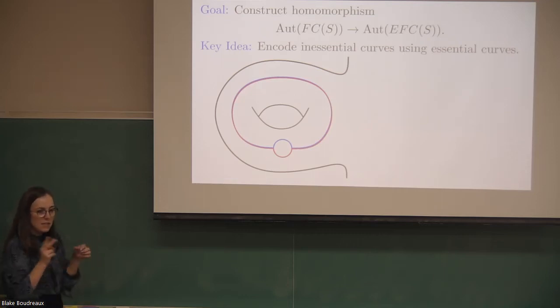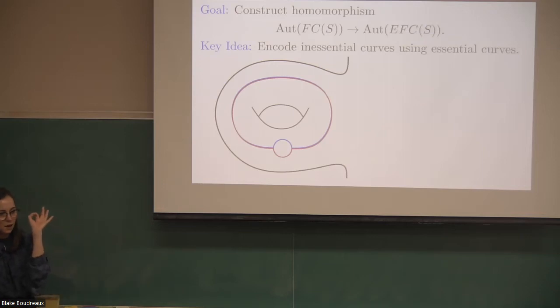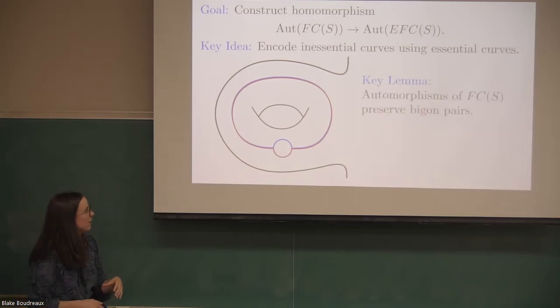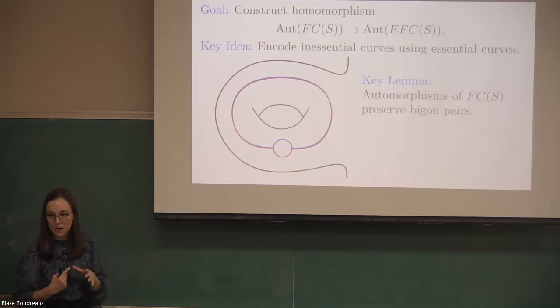But notice, if I take out my scissors and I cut along both of those curves, a piece of the surface is still connected, and then I get a disk. But the boundary of that disk ends up encoding an inessential curve on the surface. So I'm able to use essential curves to define inessential curves. And luckily for us, we were able to show that automorphisms of the fine curve graph end up preserving these bygone pairs.